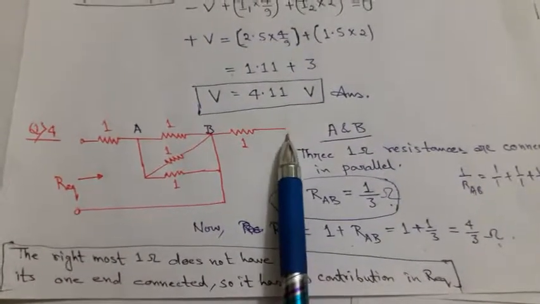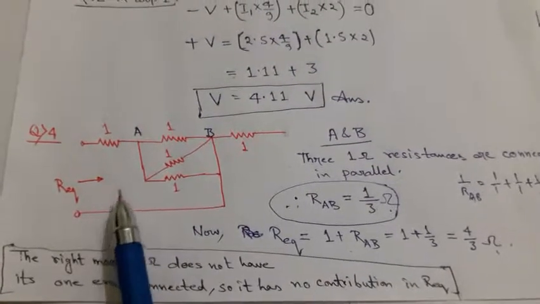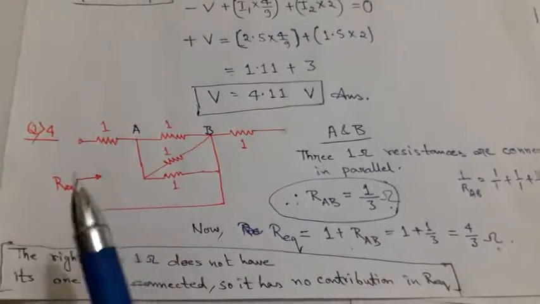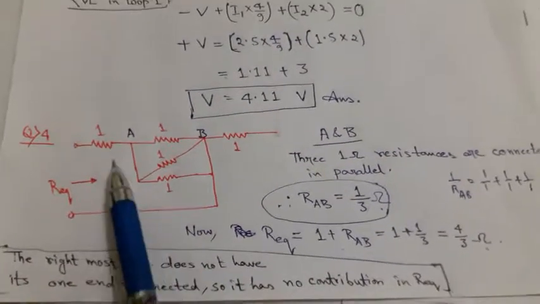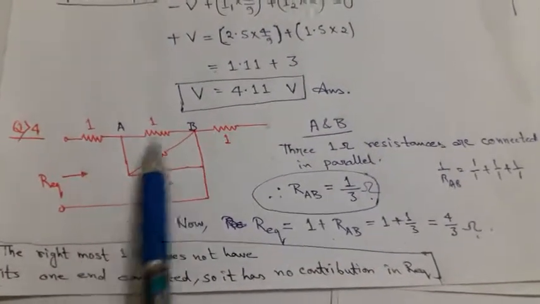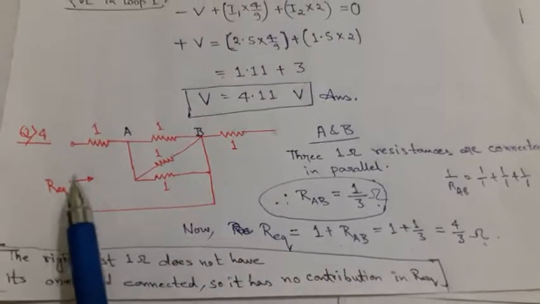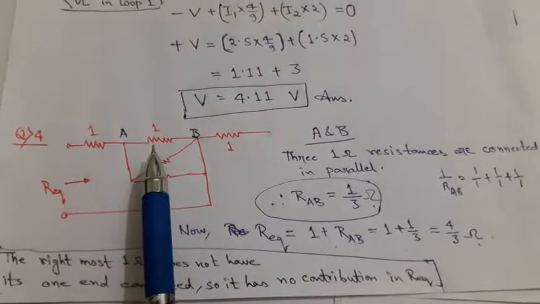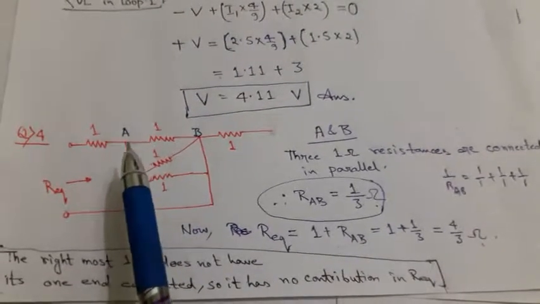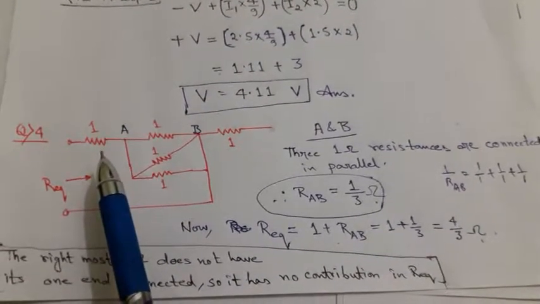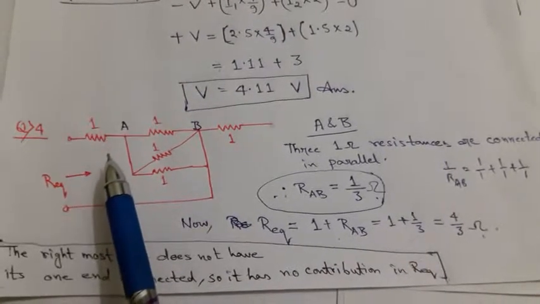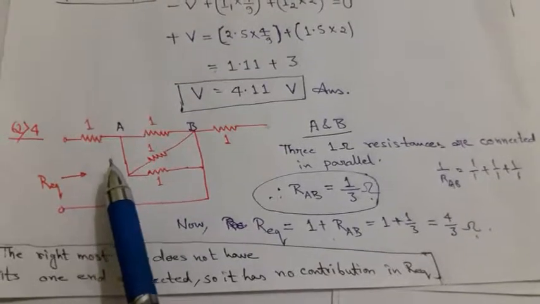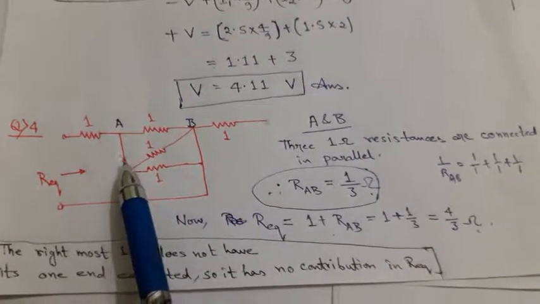The second end is not connected, so it is not contributing anything to R equivalent. So you will have to focus on this at first and then find the value of R equivalent. This type of question is really easy, but depending upon the observation of the student, he or she can easily find the answer.